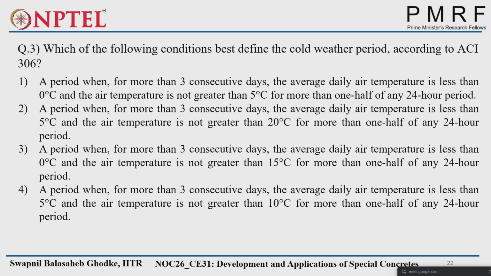Any other answer? Four, right? We saw the exact definition of the cold weather condition according to ACI 306: for 3 consecutive days, the average air temperature is less than 5 degrees Celsius, and the air temperature is not greater than 10 degrees Celsius for more than one half of any 24-hour period. Okay.